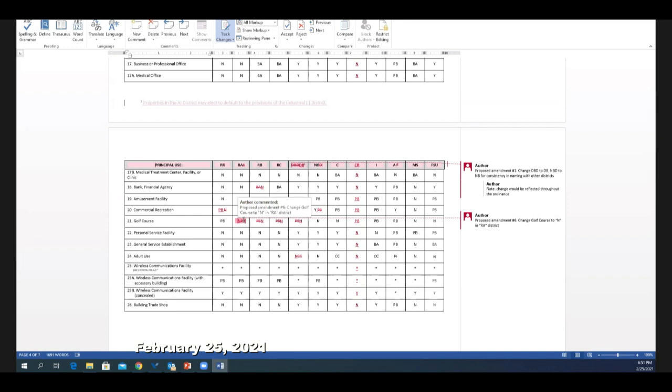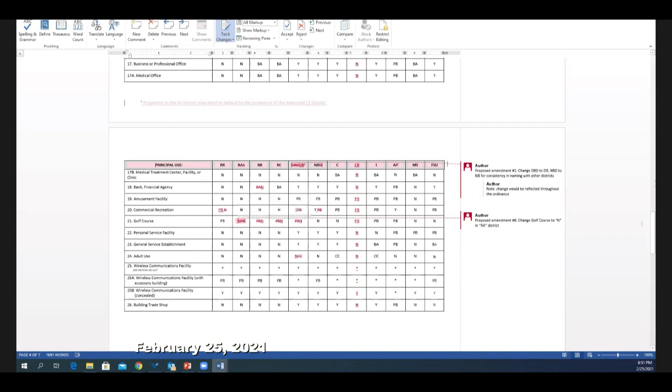I think Oak Hill is zoned RA today. Doesn't change anything about Oak Hill. I believe it's rural residential, actually. I stand corrected. So I think it's probably unlikely that we have golf courses in the future, but this would prohibit it from being in our suburban districts.